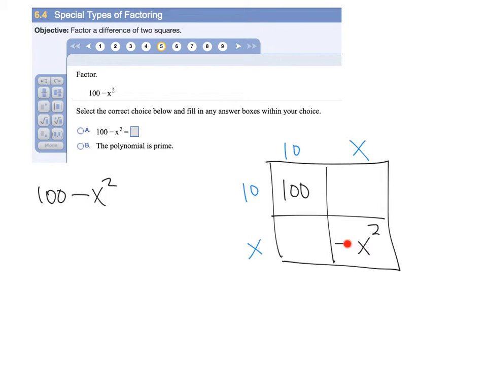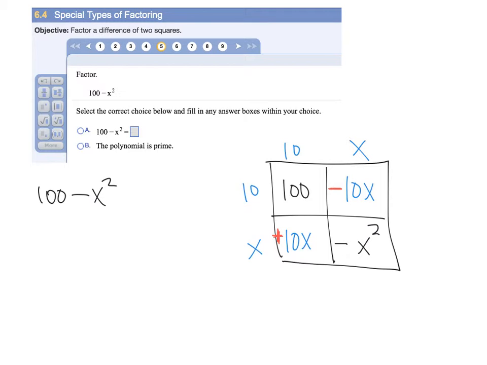So right now we're temporarily ignoring the negative sign. So if we were to fill in these two values, we would get 10x and 10x, but we need them to cancel each other out because we don't have any x's over here. We just have x squareds. So that means this has got to be a negative 10x, and this has got to be a positive 10x.